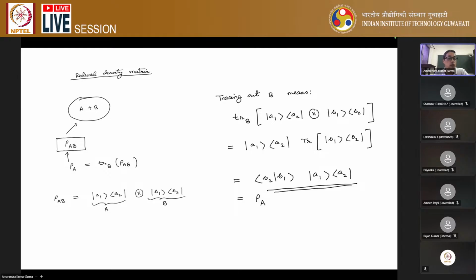In that case, you need the information exclusively about the system, and you can do that by tracing out the surroundings. For example, you can find the density matrix of system A by tracing out system B, and we discussed by some examples how that can be done. It's a very effective tool and very much used in discussion of quantum entanglement and so on.